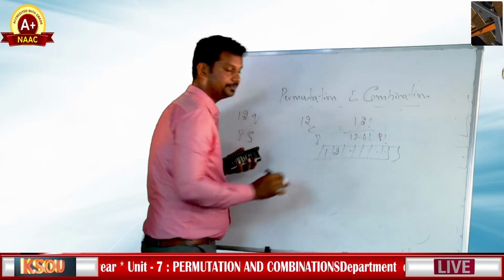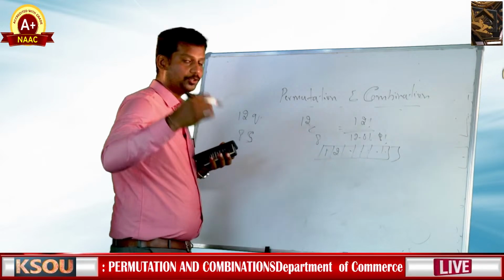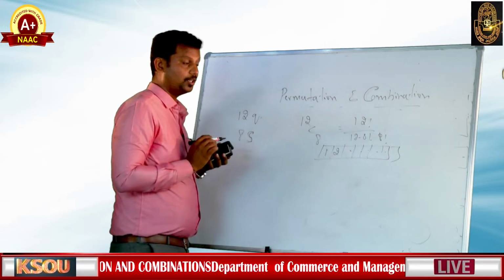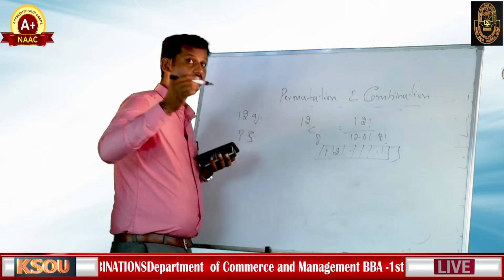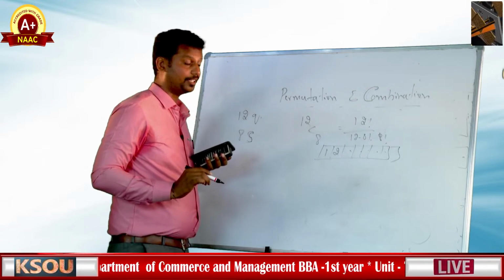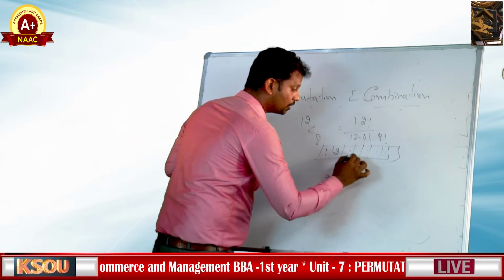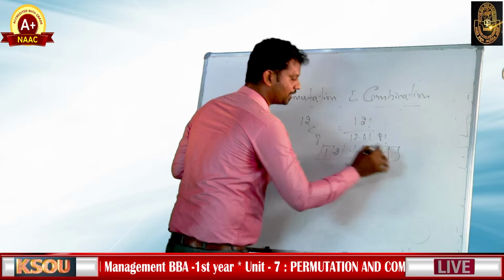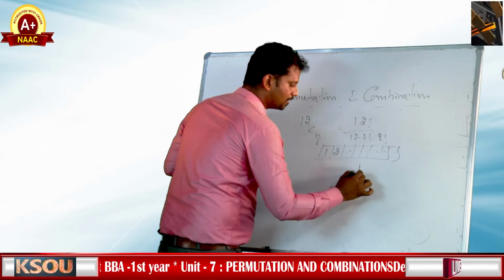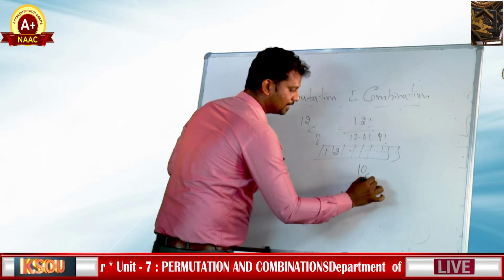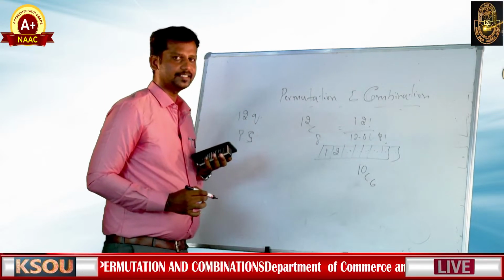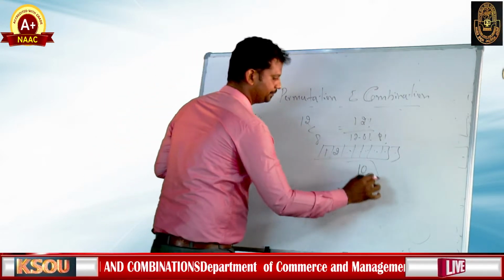There is no option. You should answer the first 2 questions. What is the remaining? Out of the remaining 10 questions, you answer 6 questions: 1, 2, 3, 4, 5, 6. So what is the answer? The answer is 10C6. This is the answer.